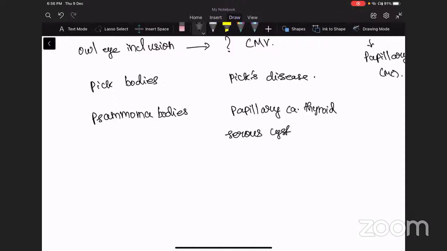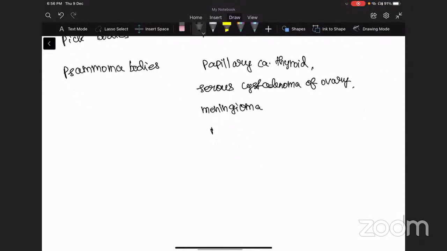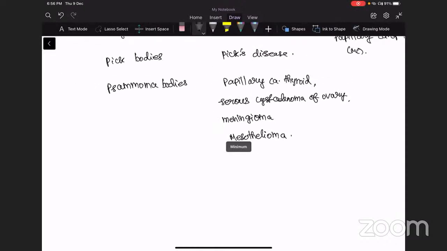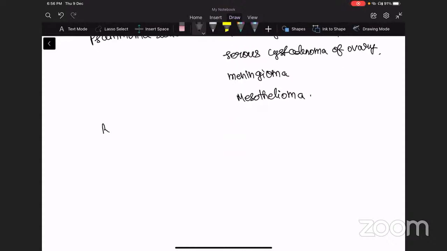Serous cystadenoma of ovary. In meningioma. Mesothelioma. Rokitansky bodies are seen in teratoma.